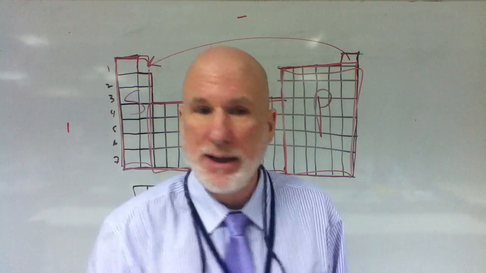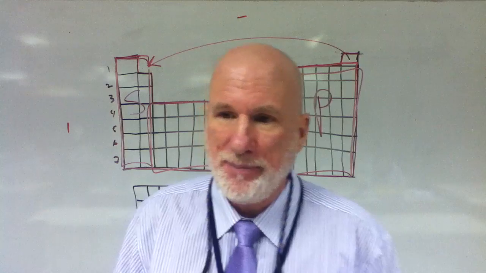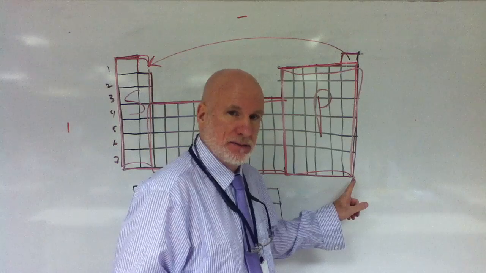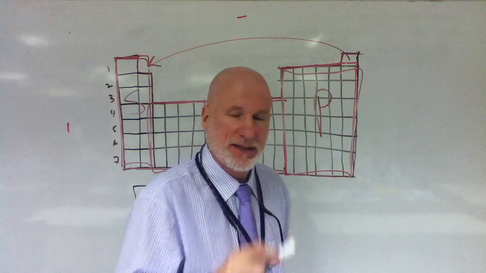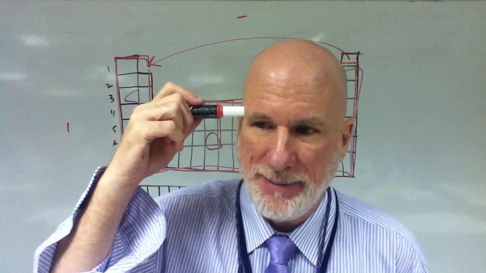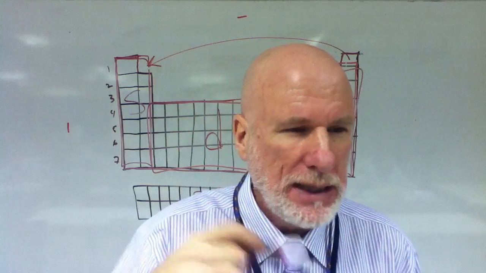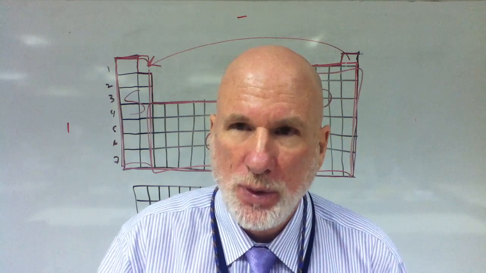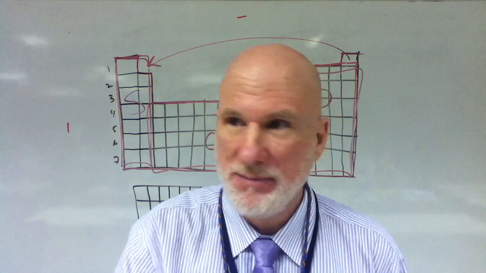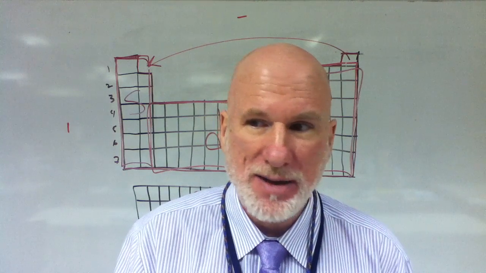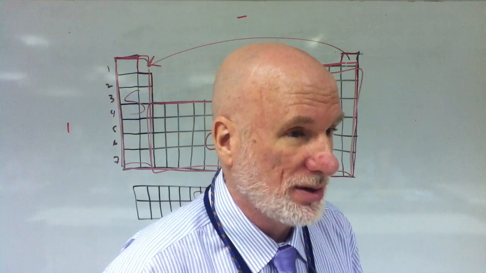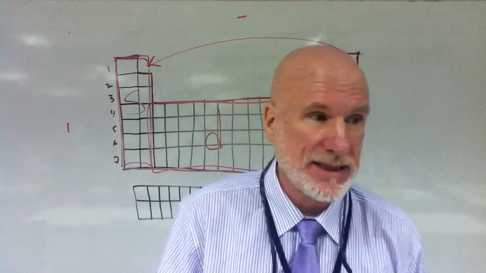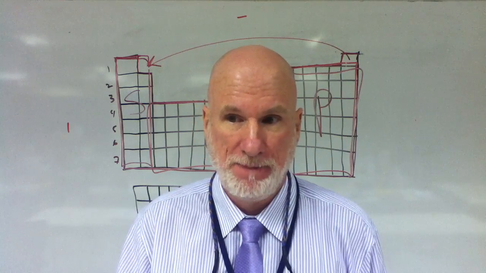But helium's properties are so close to the noble gases that they put it there. When Mendeleev, Russian chemist, 1860s approximately, made the periodic table, he organized the elements according to what? We didn't know anything about electrons. He made the periodic table according to physical and chemical properties. So helium was placed here because its properties were consistent with that of the noble gases. Okay? You got it?